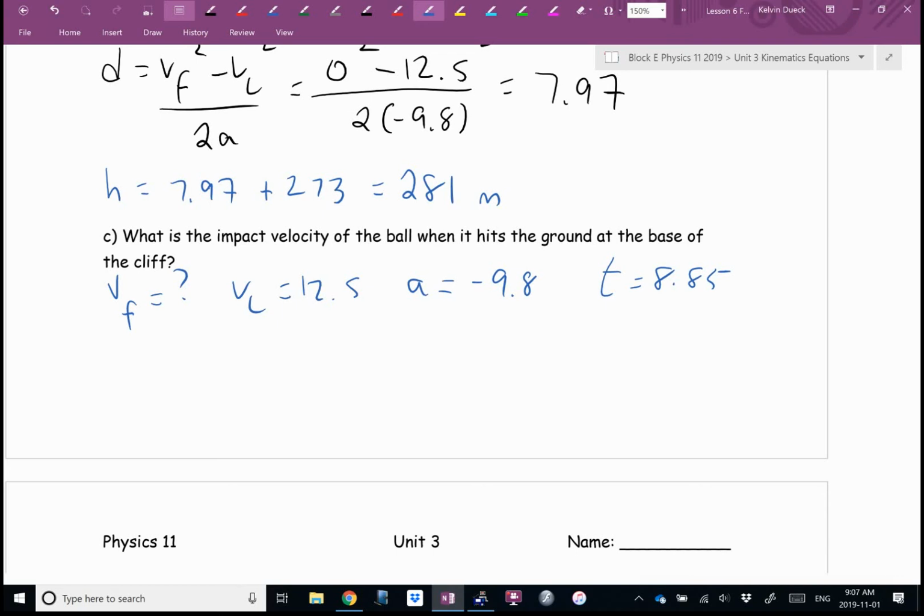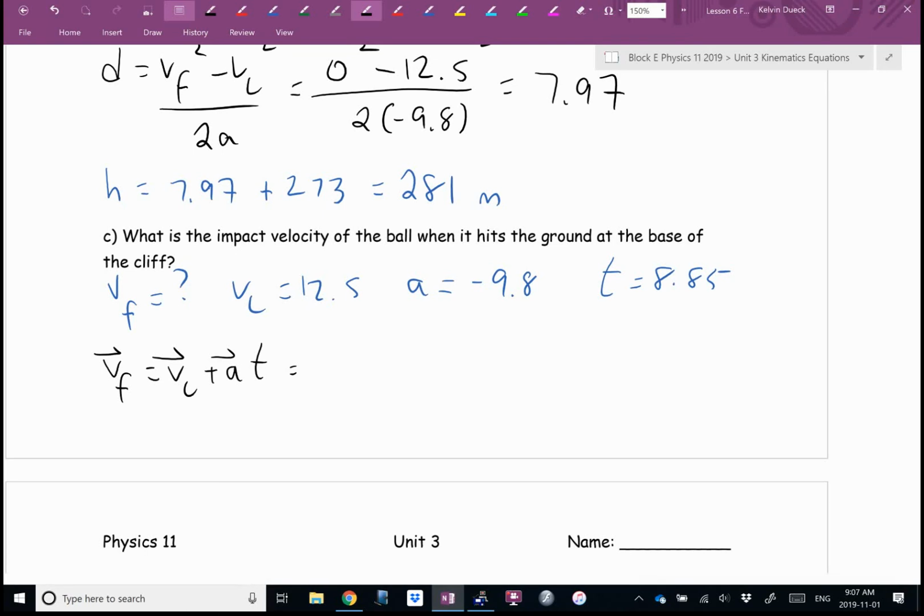Bonito. Amy, which equation? Oh, and the VF is already by itself, Mr. Dueck? Well, that's convenient. By the way, Amy, when we hit the ground, are we traveling upwards or downwards? Be obvious. Am I expecting a negative velocity or positive velocity here? I should get a negative.